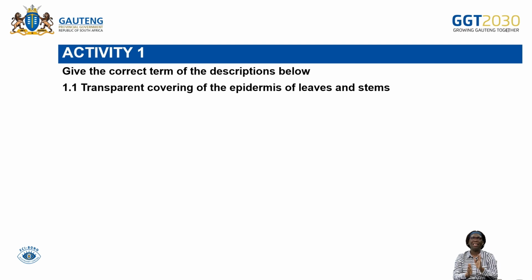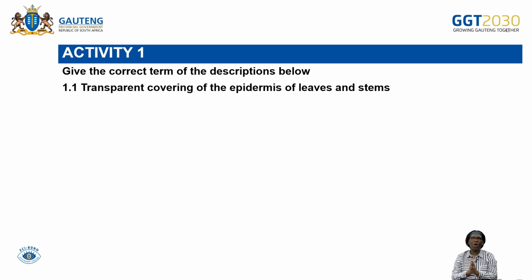It means it is not only this one description, but there are descriptions below. But for now, we have 1.1. Also, what guides you to give the correct answer? The stem of the question. We normally say there are key words. Are we together, grade 11s?